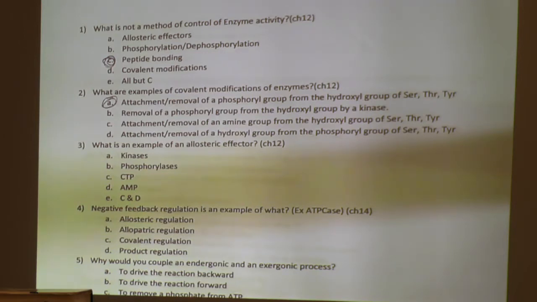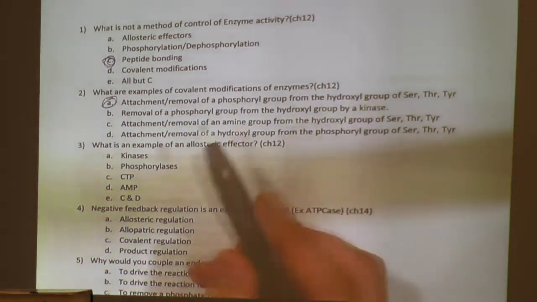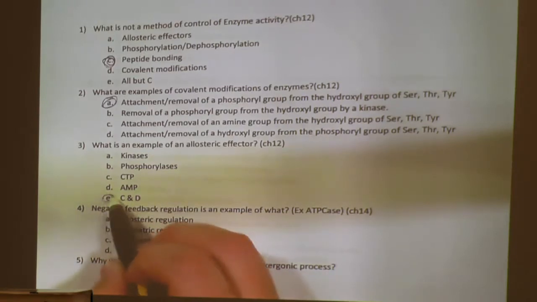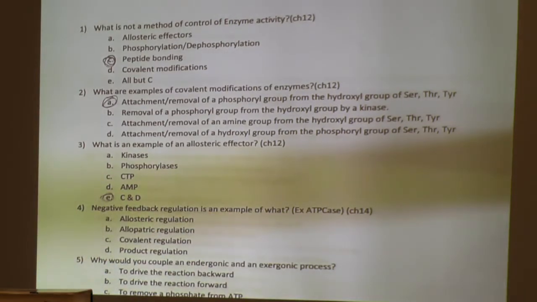C and D. It's going to be C and D, so the answer is going to be E. I don't want to give you the wrong definition, but it changes by binding covalently. That's an allosteric effector. Binding covalently, just go ahead and look in your textbook to make sure I'm giving you the right definition.